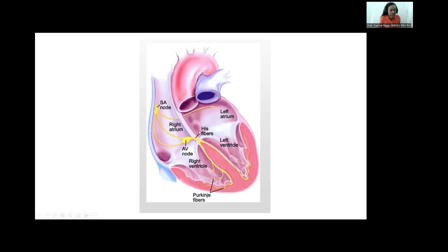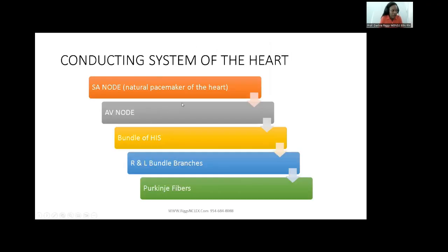And then at the end of the right and left branching are what we call the Purkinje fibers. At the very tip are the Purkinje fibers. So that's the firing of the heart, okay? So again, imagine it like a domino effect or steps, okay? The conducting system of the heart starts at the SA node, then the AV node, then the bundle of His, right and left branching, and then the Purkinje fibers at the very end.